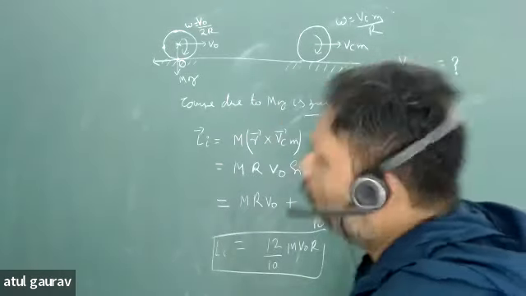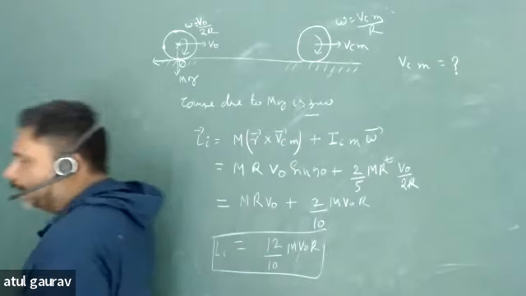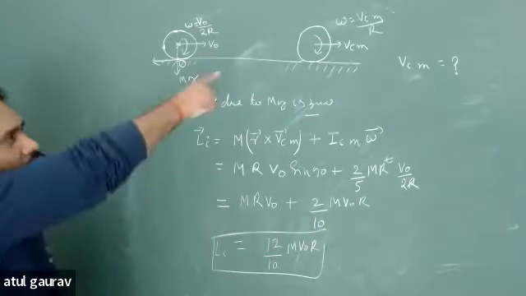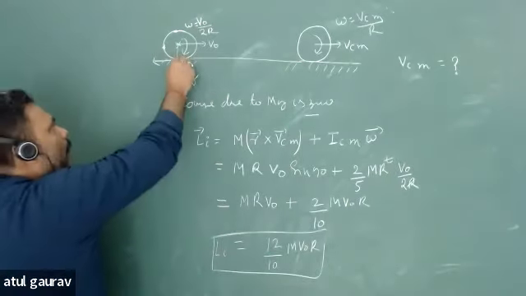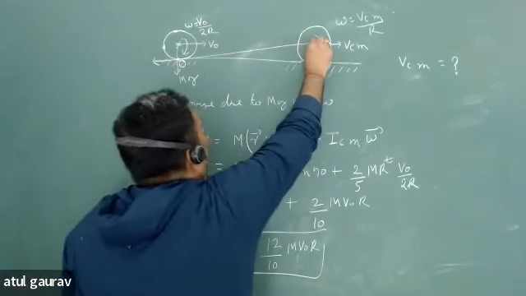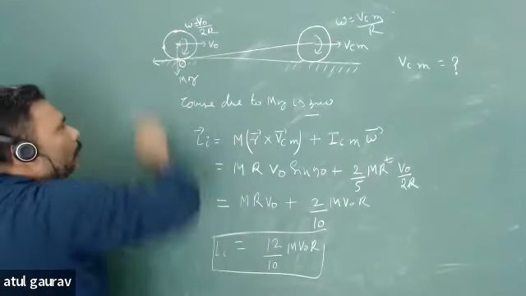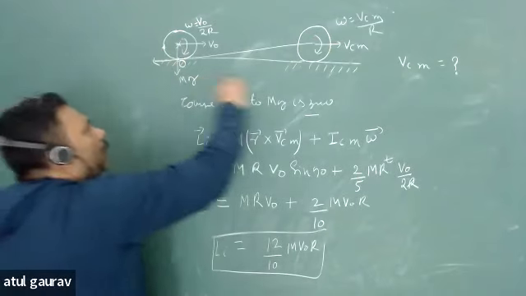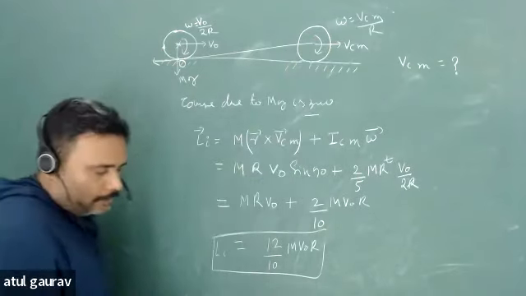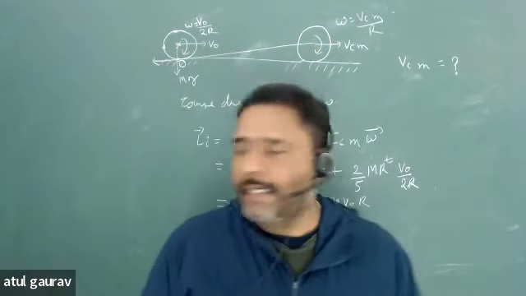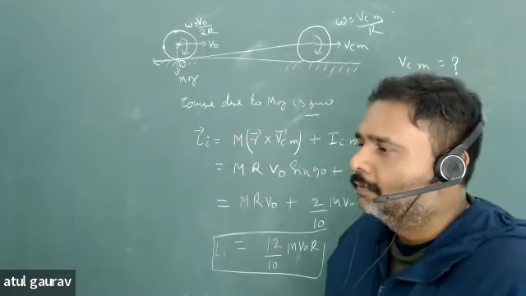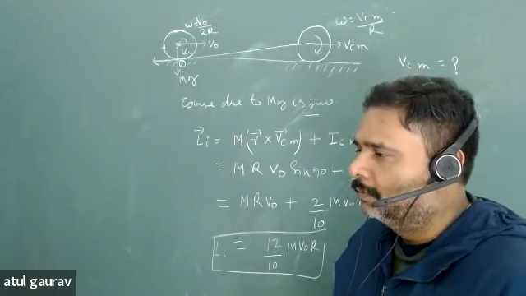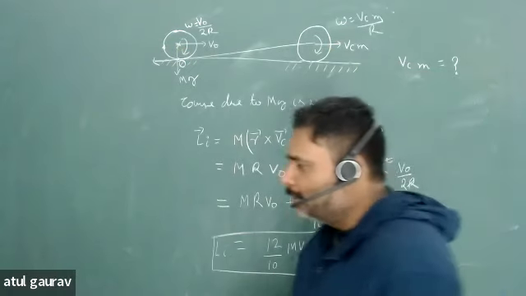Now you have to go for the final angular momentum when you are just achieving rolling without slipping. So I have to find the angular momentum about this particular point. So this particular point and this point are equivalent points. Yes या no? अभी तुरंत दिखाया था. आप इंटरेस्ट लूज कर रहे हो.